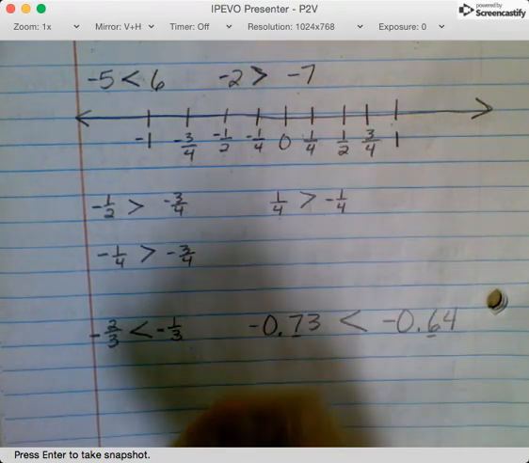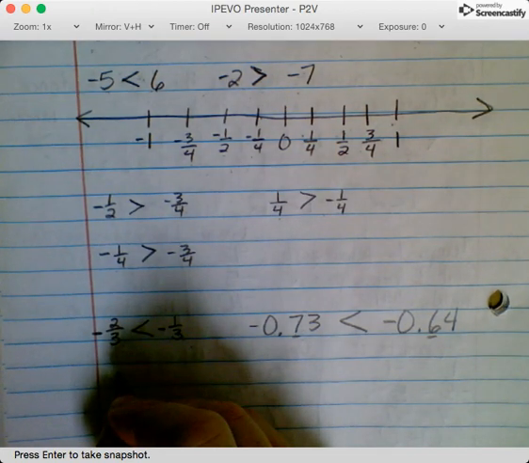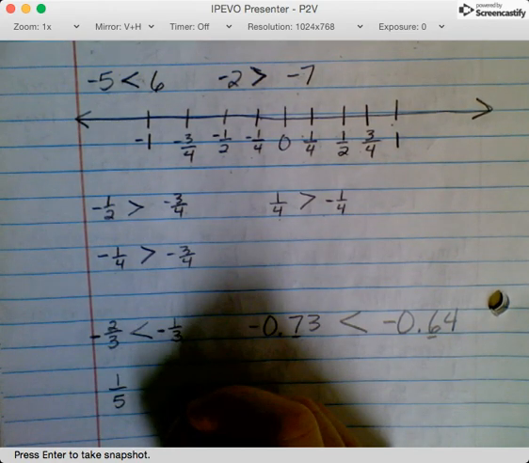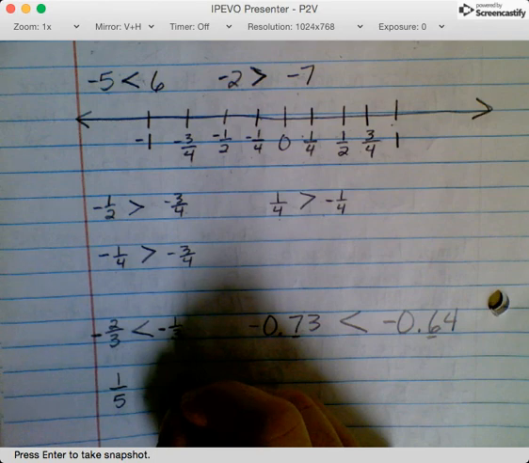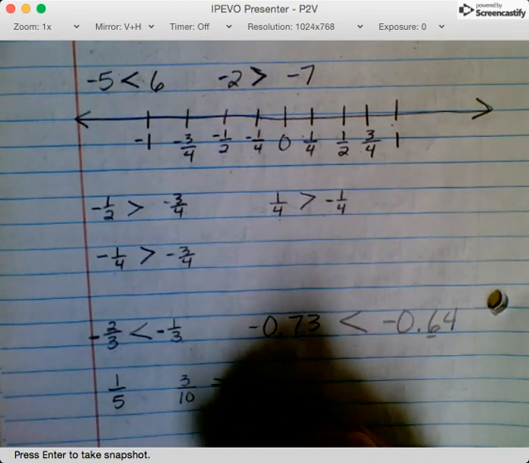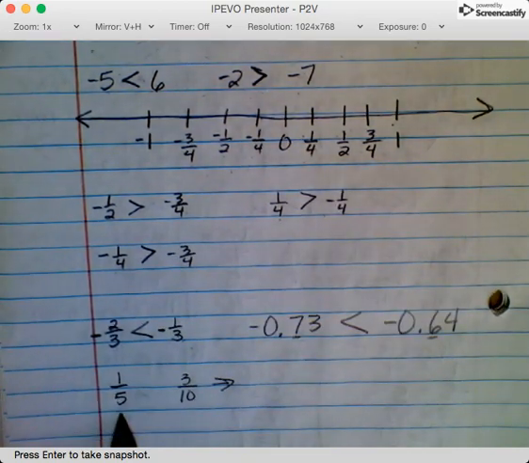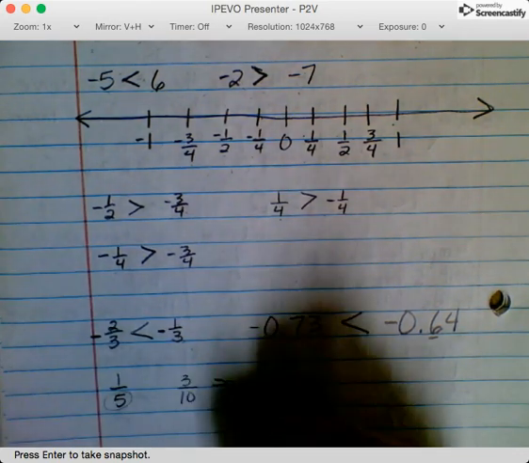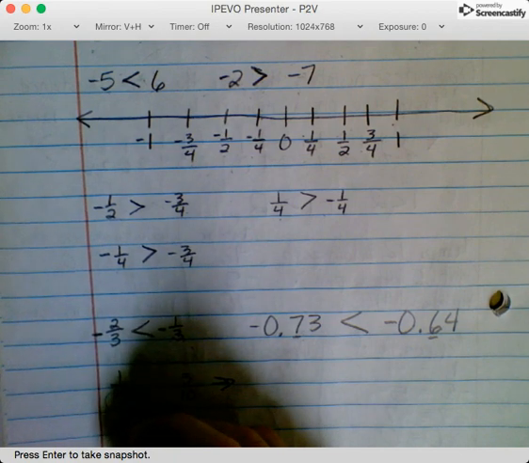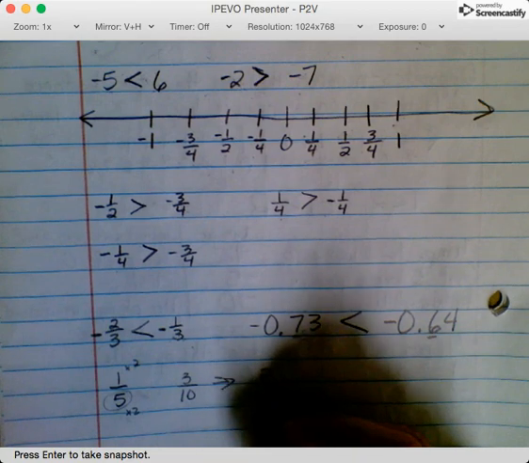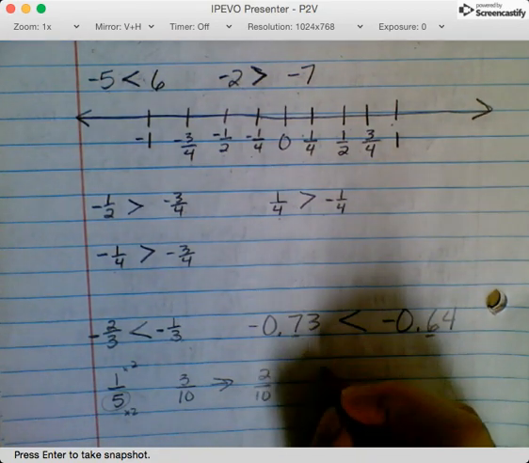Just remember, if you had a fraction like 1/5 compared to 3/10, I would have to make the denominators the same. So 1/5, 5 times 2 is 10, 1 times 2 is 2, so that would be 2/10 as compared to 3/10.